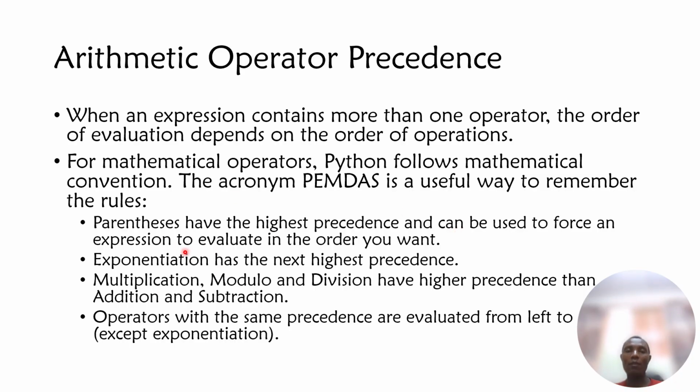If you have 9 minus 7 plus 2, it has to subtract 7 from 9, then finally add the 2 to the result. As it says, operators with the same precedence are evaluated from left to right.